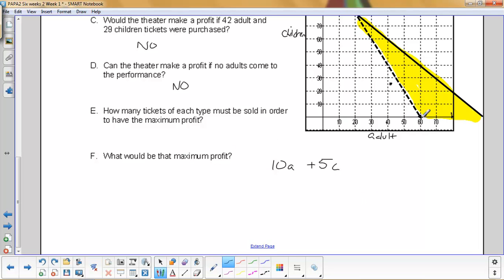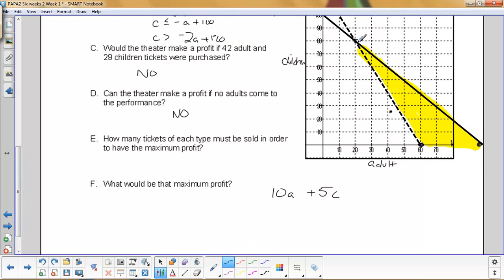Now, the way that you determine your maximum profit is by finding the corners of the feasible region, the vertices, and using those ordered pairs in this. The maximum amount of profit will lie at one of those three areas. So this ordered pair is 20, 80. This ordered pair is 60, 0. And this ordered pair is 100, 0.